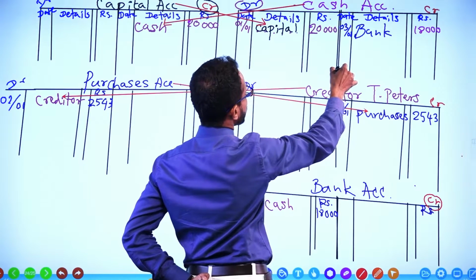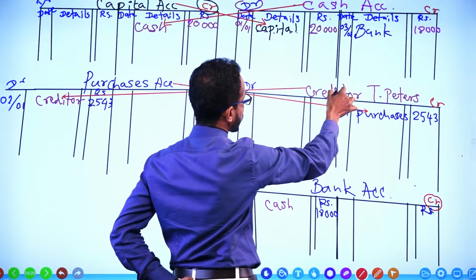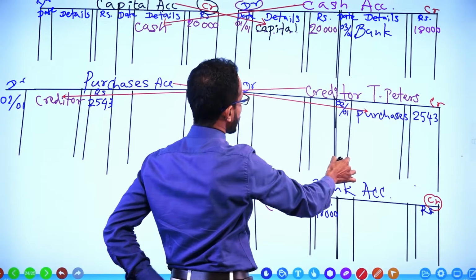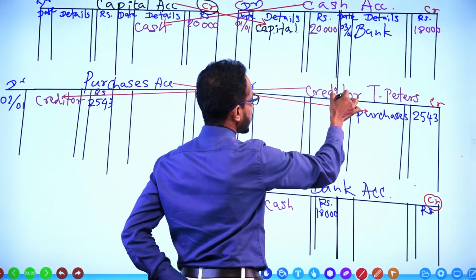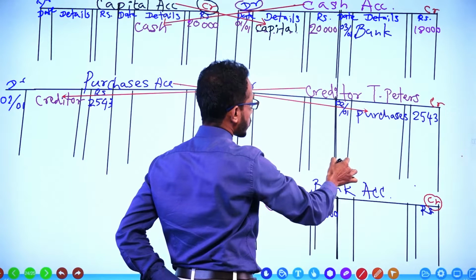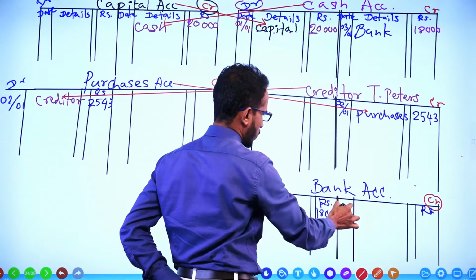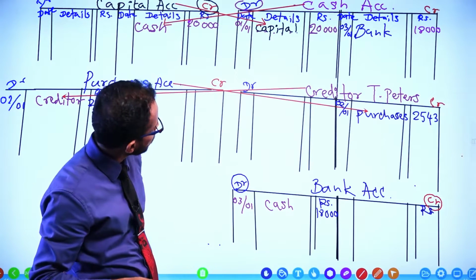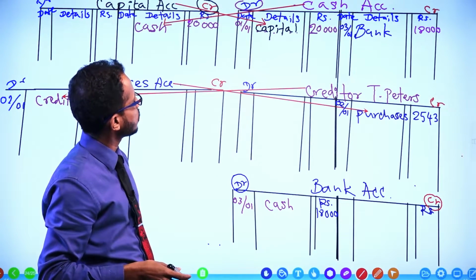This is the dividing, the center line. The dividing line. In every account, make sure that you draw the dividing line clearly. Alright.